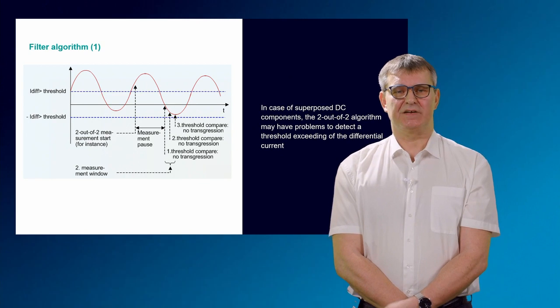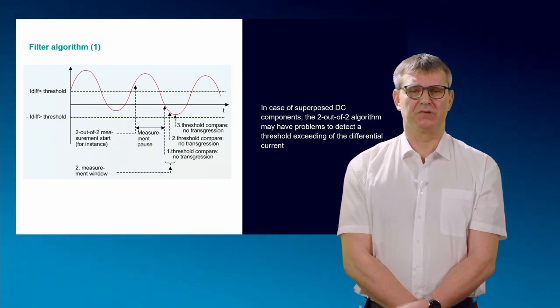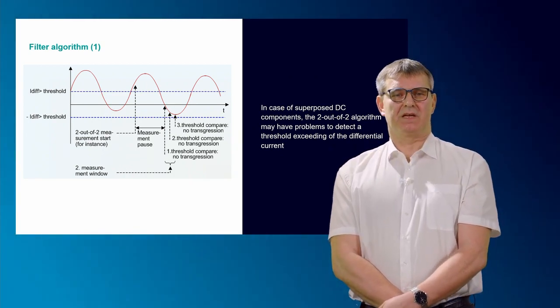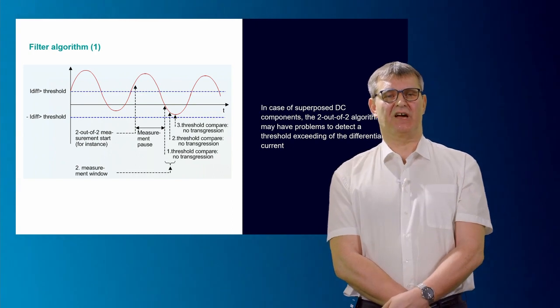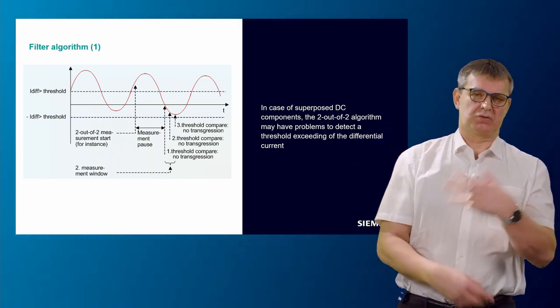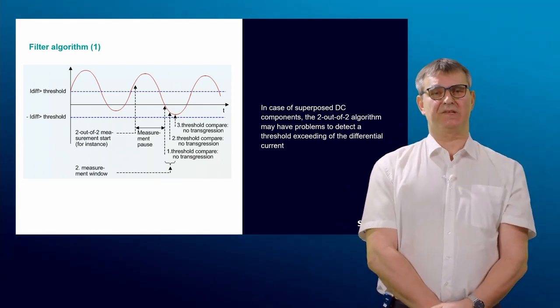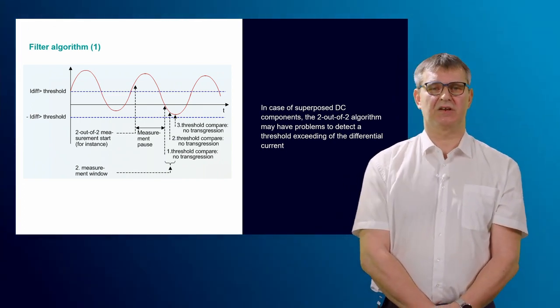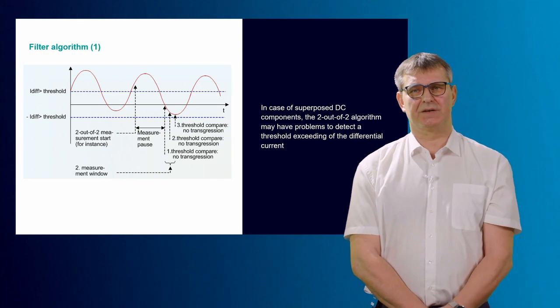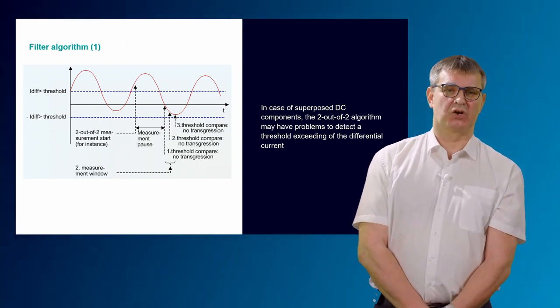So let's have a look at the root cause of the problem. We have the differential current, which you can simulate, for example, by just infeeding one current into a bus zone, and then you will have a differential current. And we have the differential current threshold.